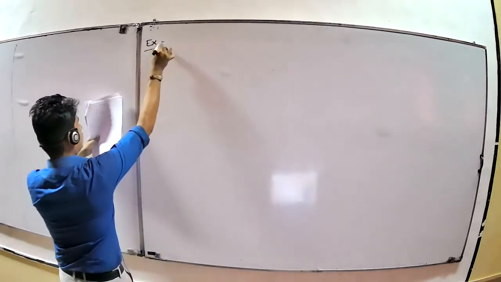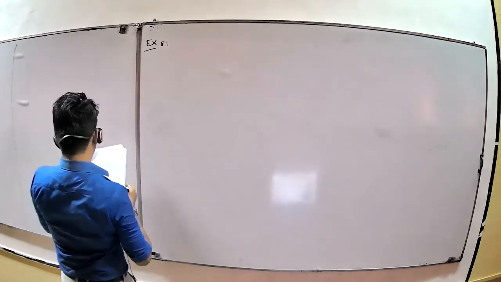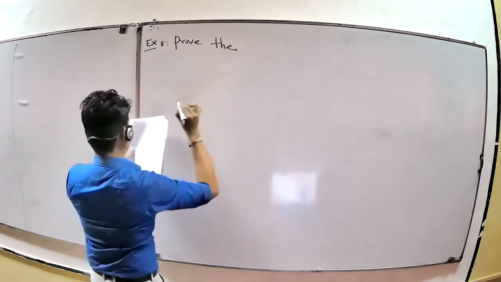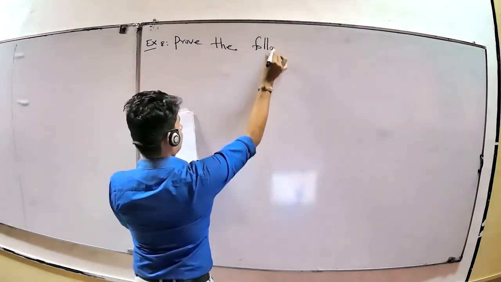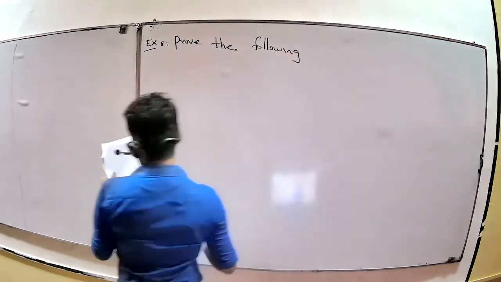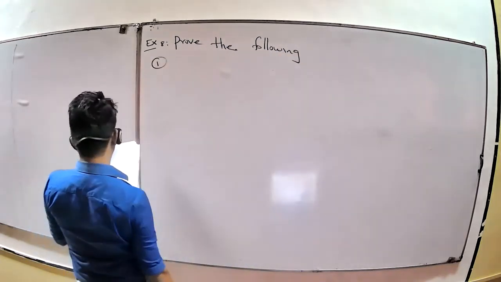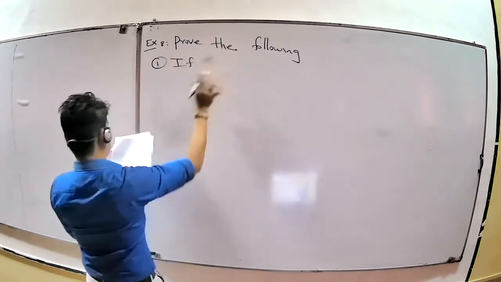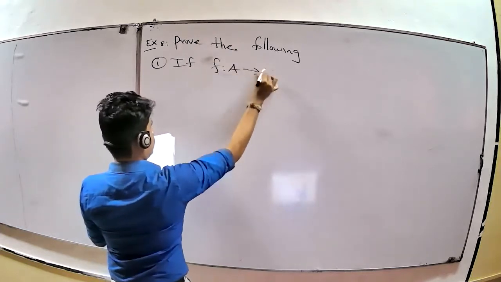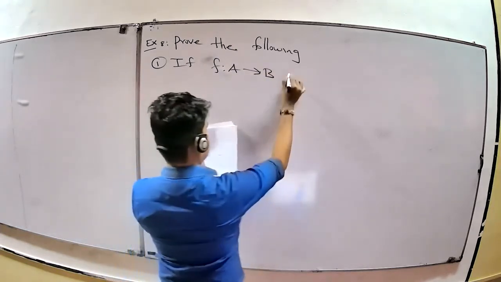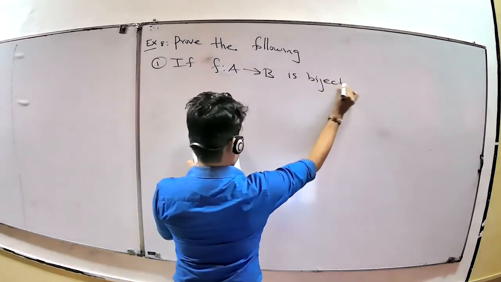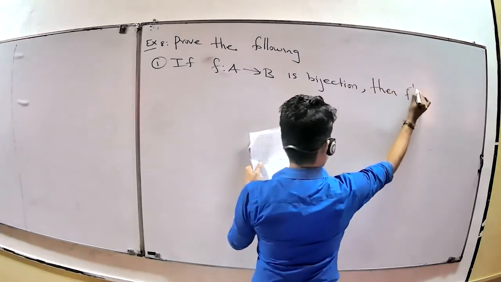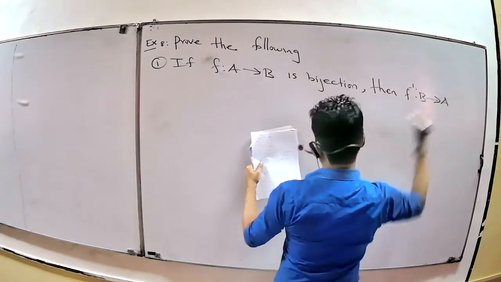Exercise. Prove the following. First one: if f is a function from A to B and is bijective, then f inverse from B to A is unique.